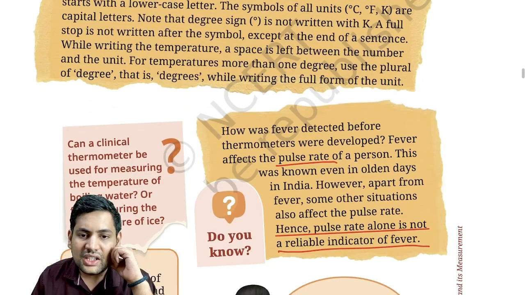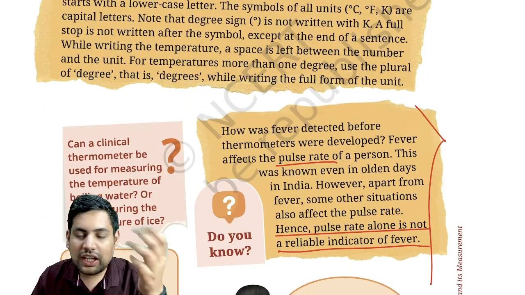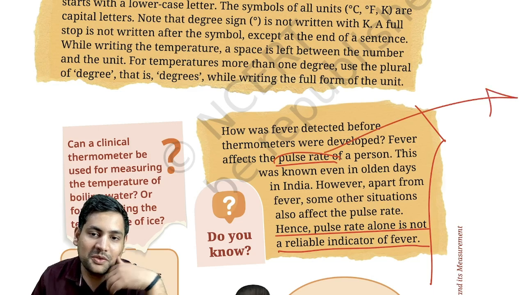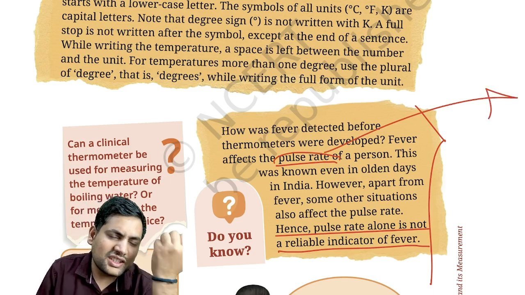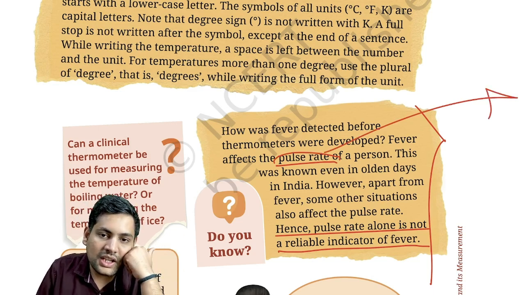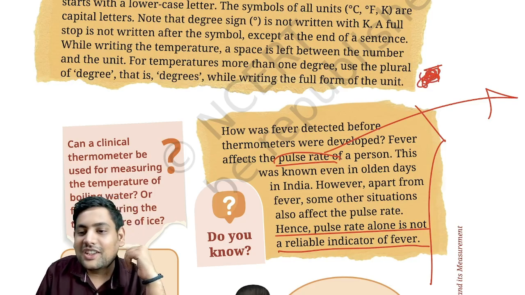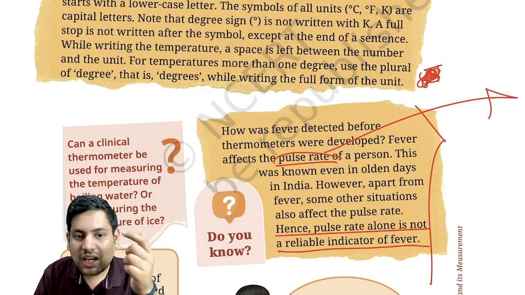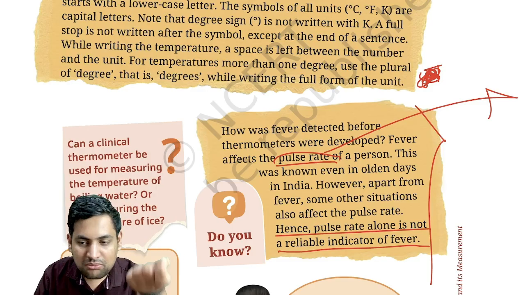Now, in the earlier times, of course, we didn't have thermometers. Then how did we measure whether somebody is having fever? So we used to measure the pulse rate of people. In Hindi, in Sanskrit, there used to be some people called Nadi Vaidya. Nadi means pulse.